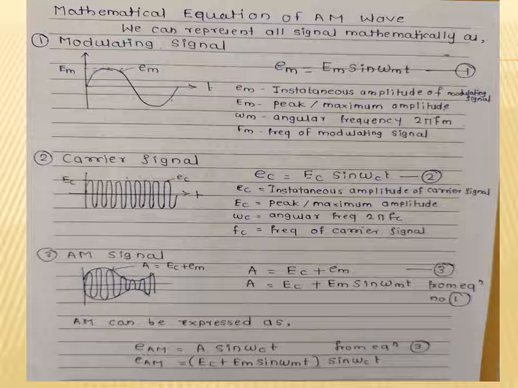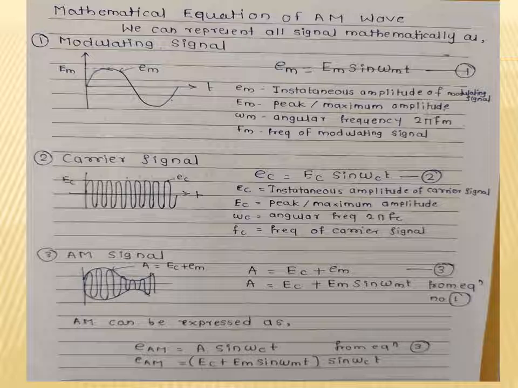Next we see the AM signal, that is, the instantaneous amplitude of the AM signal, which is represented by capital A. Capital A is the instantaneous amplitude of the AM signal, where the two signals are mixed.